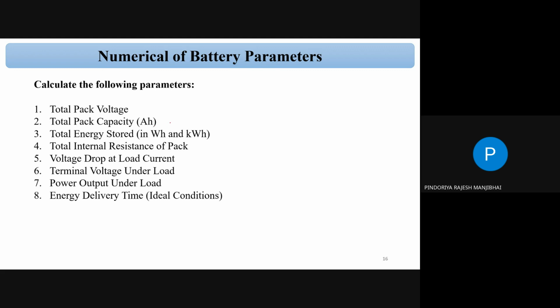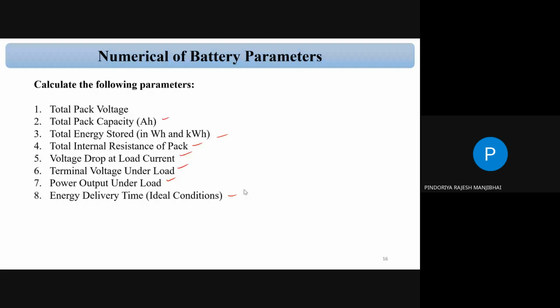We have to calculate total battery peak capacity in ampere hour, total energy stored in watt hour, otherwise kilowatt hour, total internal resistor of the pack, voltage drop at load current, terminal voltage under the load, power output under load, and energy delivery time in ideal conditions. So we have to calculate a total of 8 parameters in this numerical.